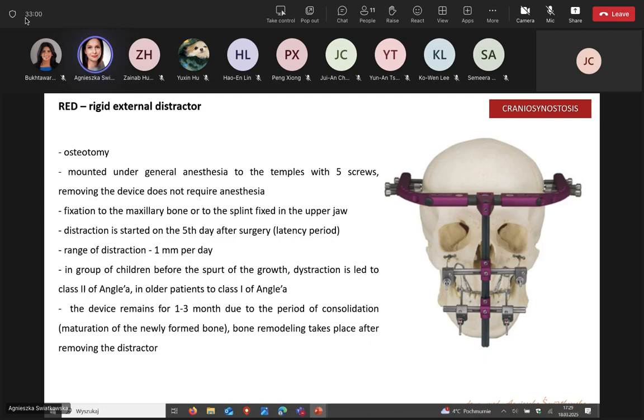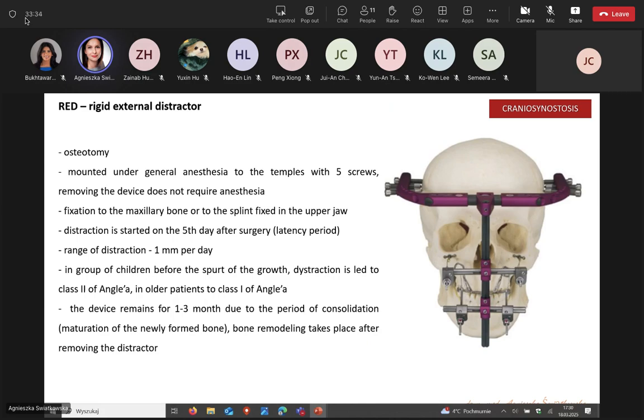Because we expect intensive growth of the lower jaw in younger patients before the growth spurt. That's why we should pull the maxilla much further forward than normal. The device remains for 1 to 3 months for the period of consolidation. Consolidation means a kind of maturation of newly formed bone.